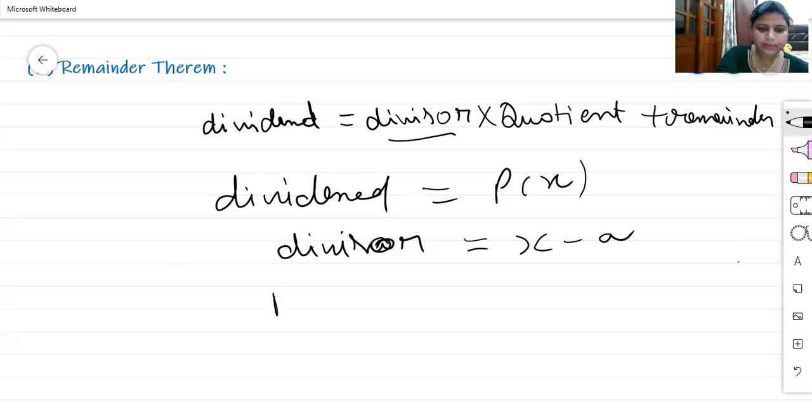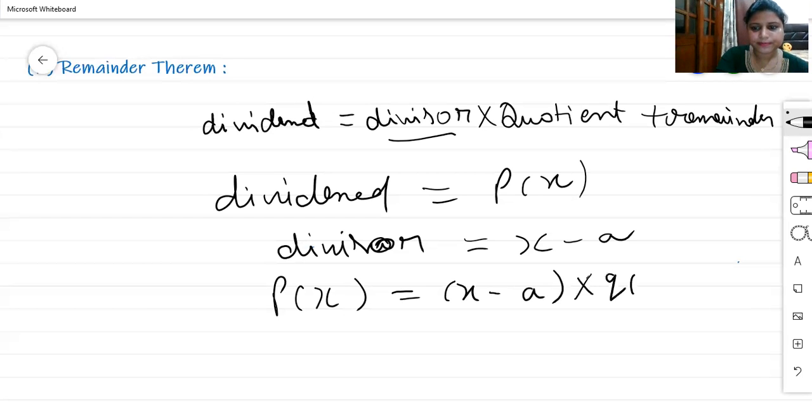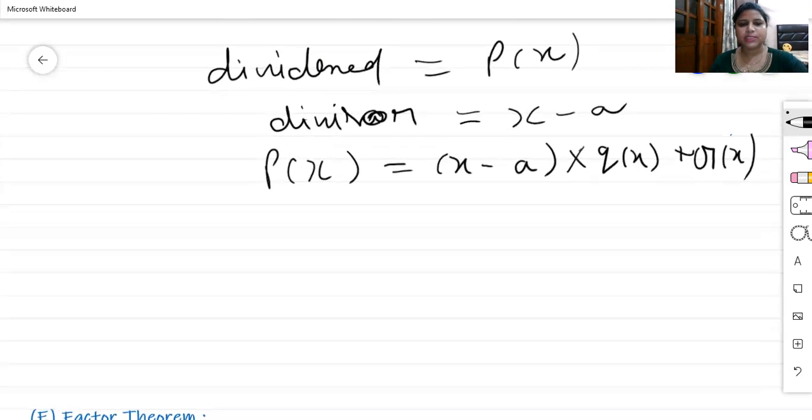So we can express it as p(x) equals (x minus a) into q(x) plus r(x).